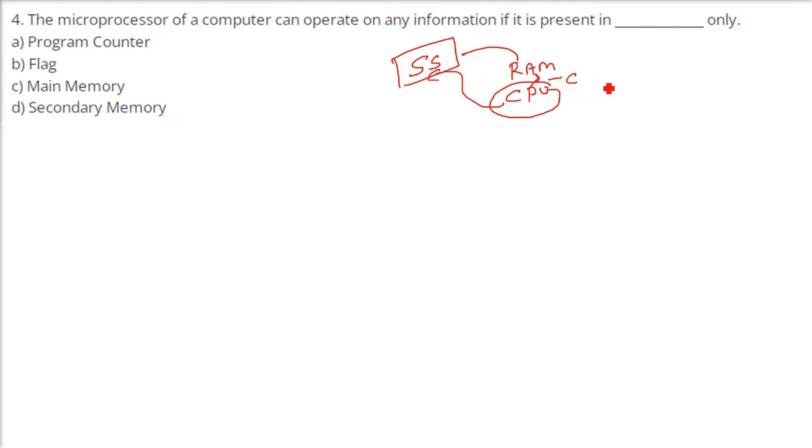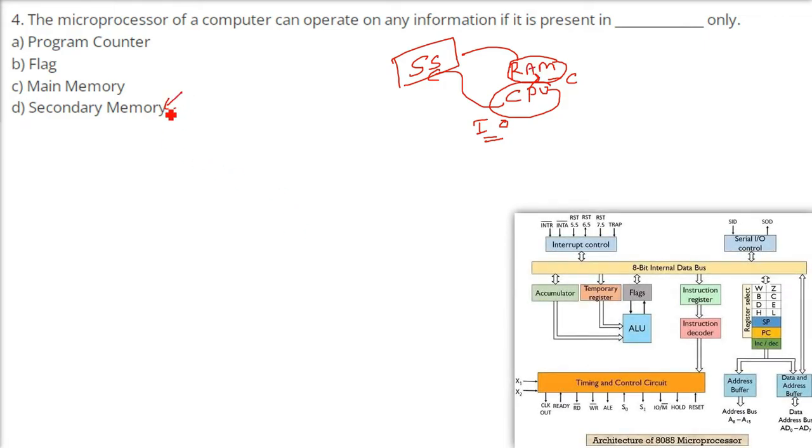So the CPU will only access the data from the random access memory, which is the volatile memory. The storage, which is the SSD, etc., is non-volatile.